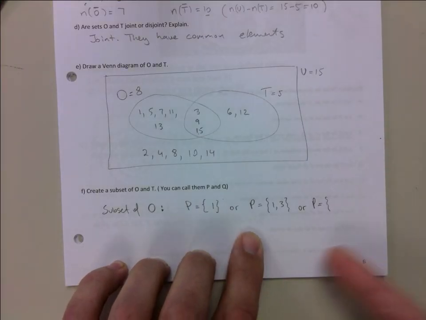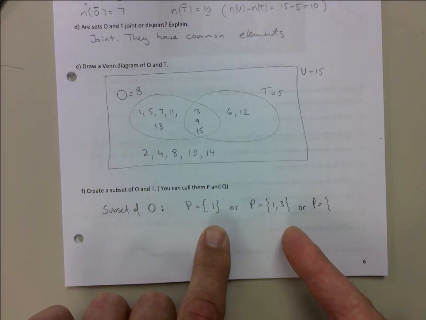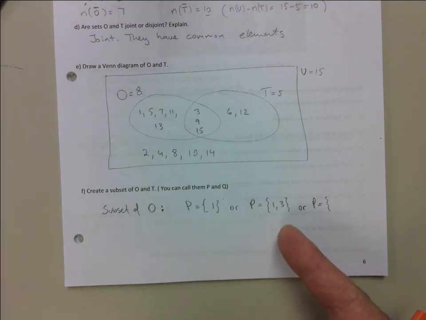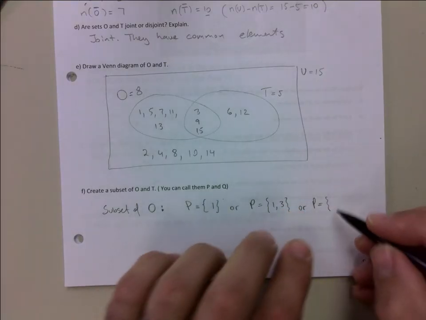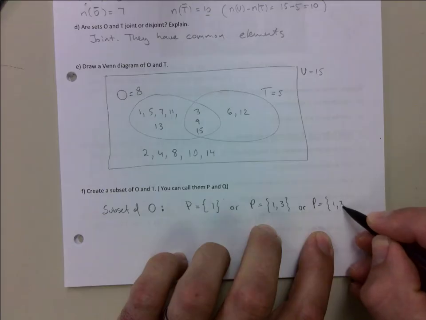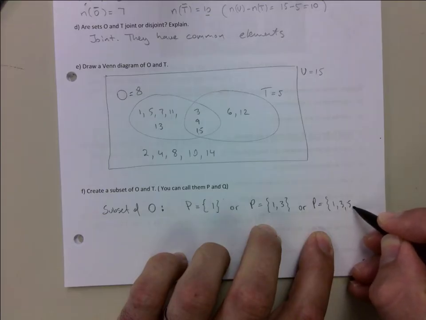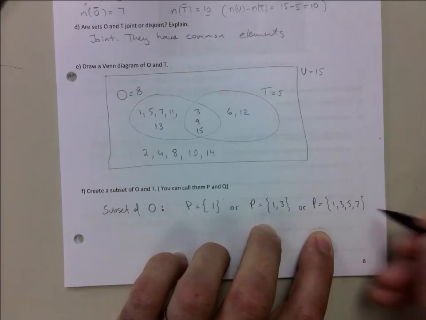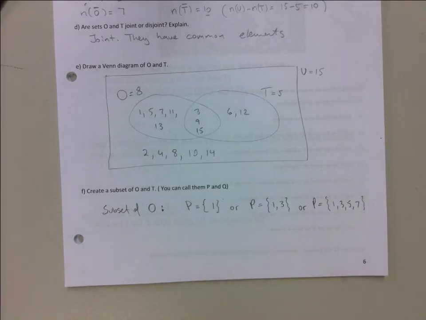Or P. So don't overthink these ones. You just have to make sure whatever you use to create a subset of O, you make sure everything that you're putting in there is actually in O. And so this is 1, 3, 5, 7, and so forth. And there's several options that you could make. This is the tricky part. I had to email the province because there were conflicting messages.